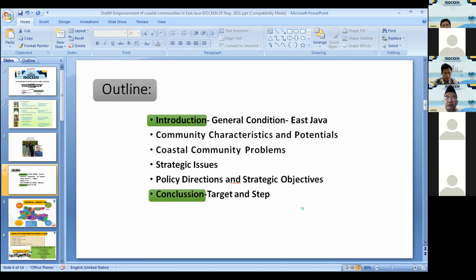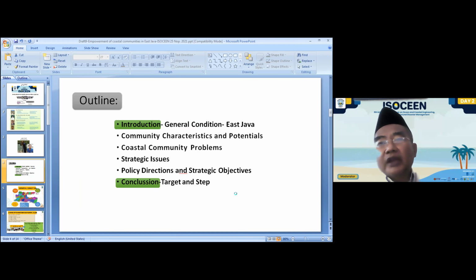All right, this is our area. We have 665 kecamatan, sub-districts, and then villages, about 8,500.